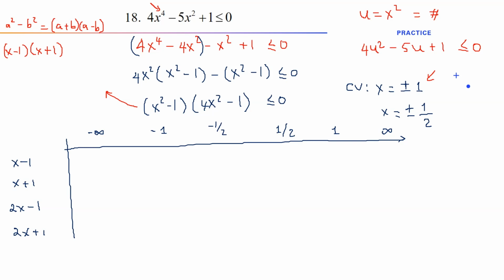And then for 4x squared minus 1, we have 2x all squared minus 1 squared for the second factor, which equals 2x minus 1 times 2x plus 1. Alright, now the result.